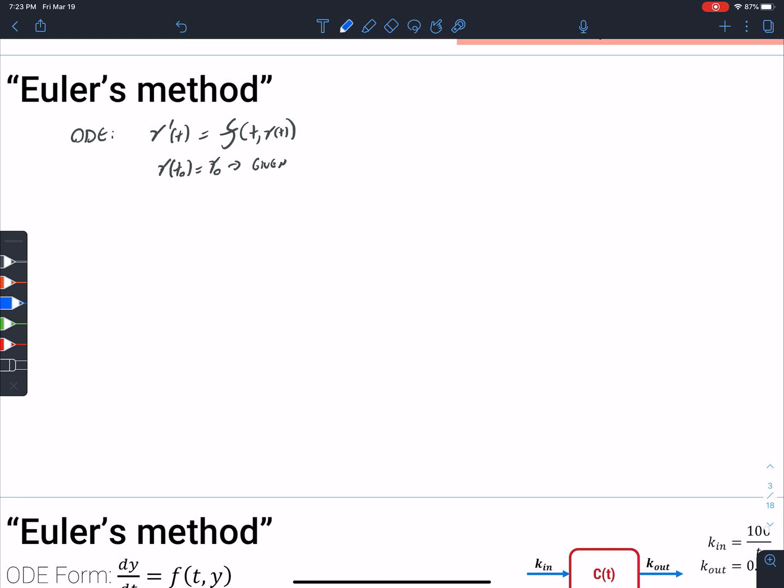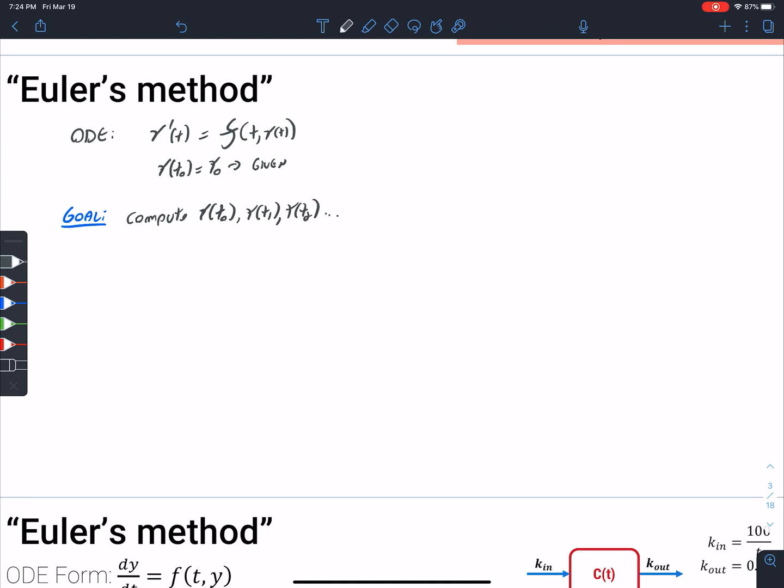And the goal here, let's state the goal in a simple form so we understand what we're doing, is to compute the value of y at t0, which is already given, at y of t1, y of t2, and so on, however many we would like. So this is the goal.